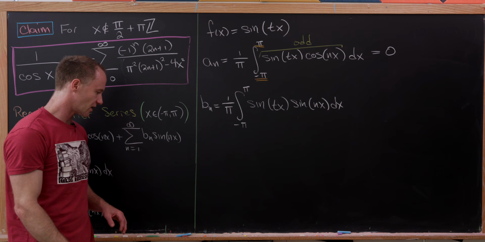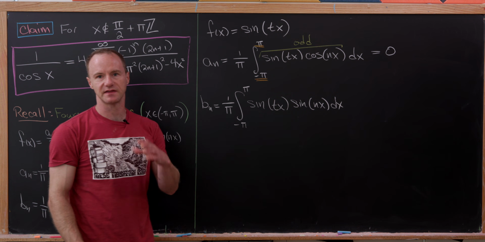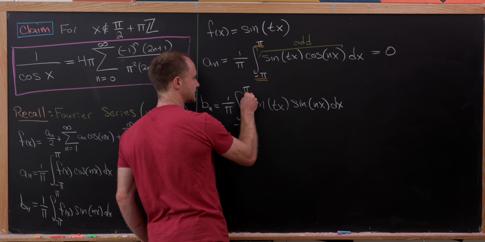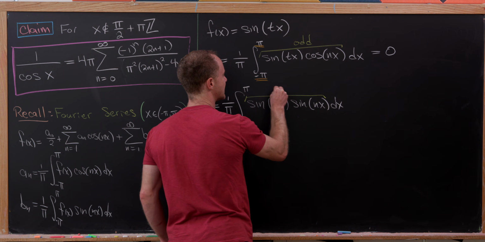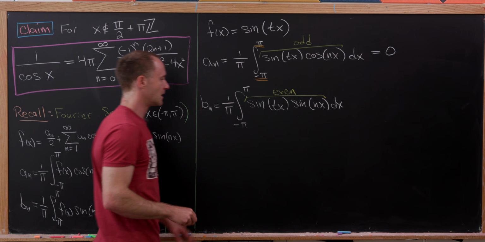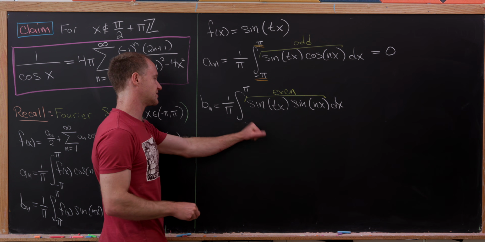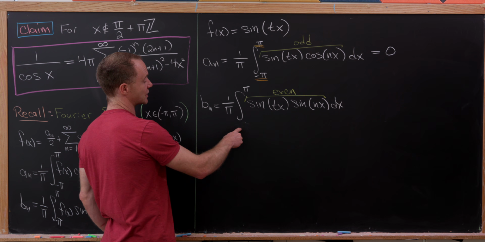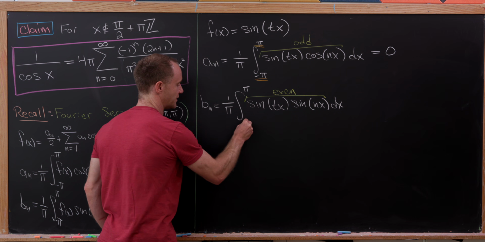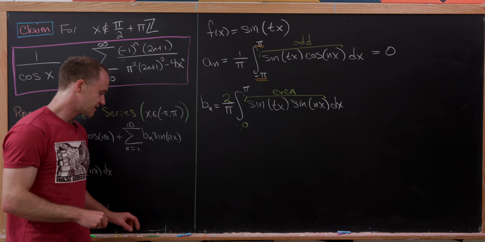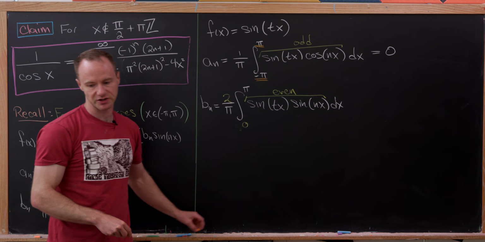Now before we get started, I've got sine times sine, an odd function times an odd function. If we take the product of two odd functions, we get an even function. But an even function over a symmetric domain can be changed: instead of going from minus pi to pi, it will be from 0 to pi if we multiply by 2. So that's a nice simplification.